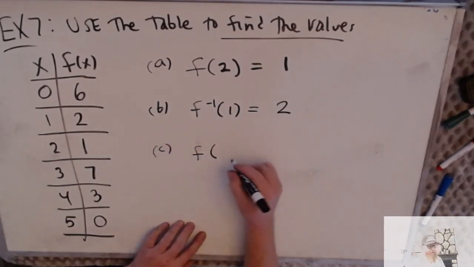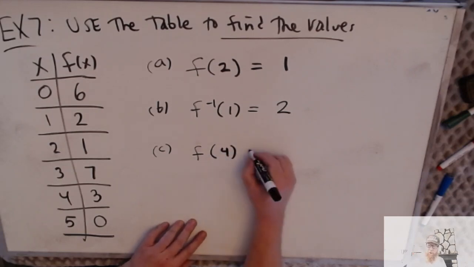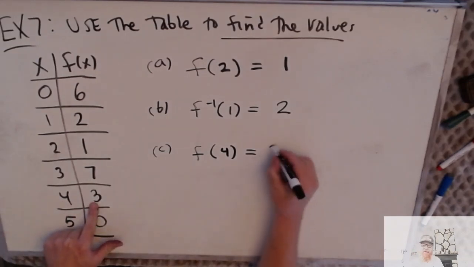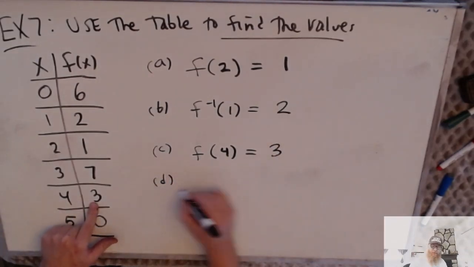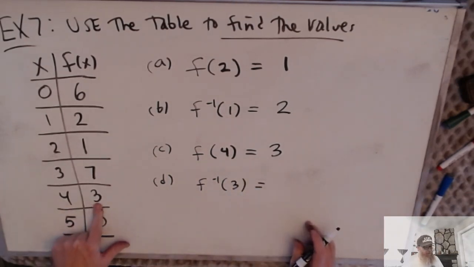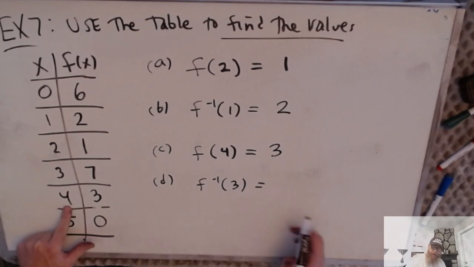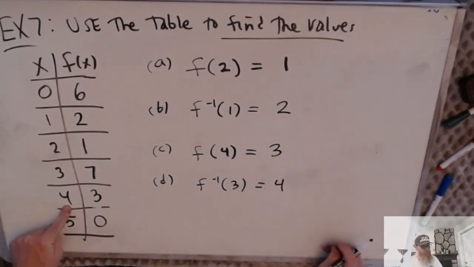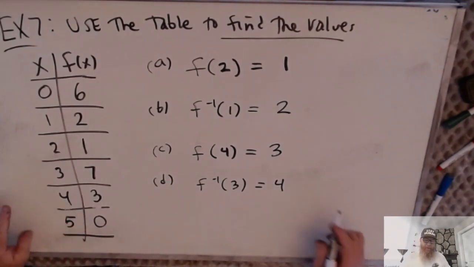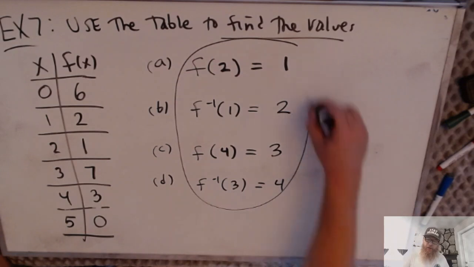What is f of 4? f of 4 is 3. So what is f inverse of 3? f inverse of 3 goes back to being 4. So these are called evaluations.